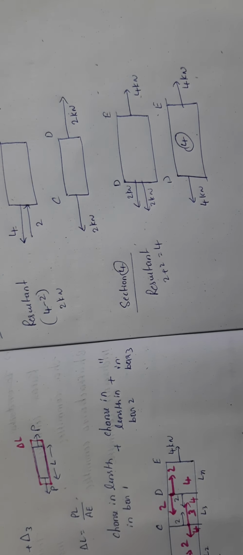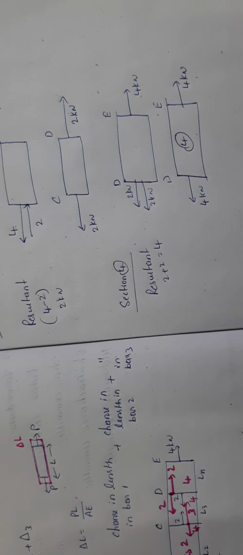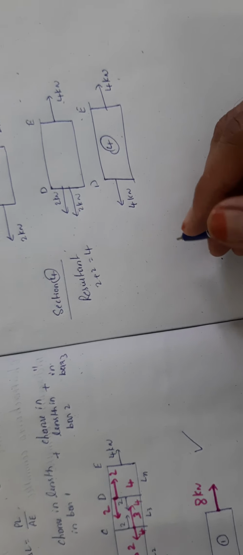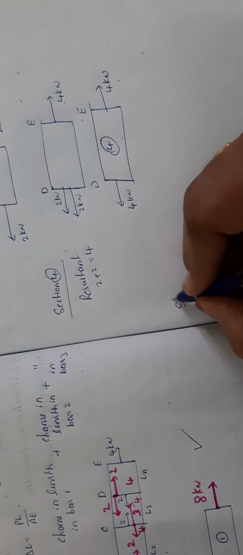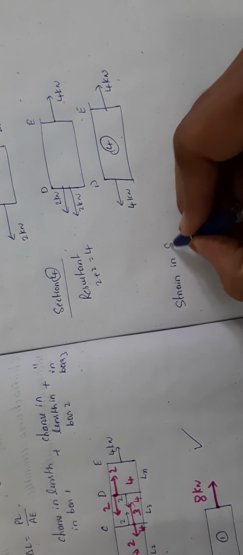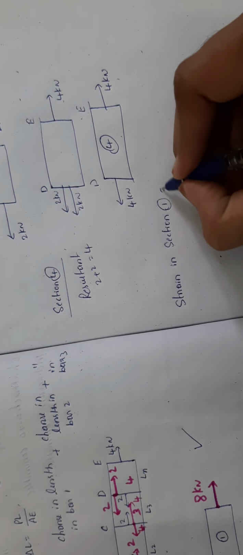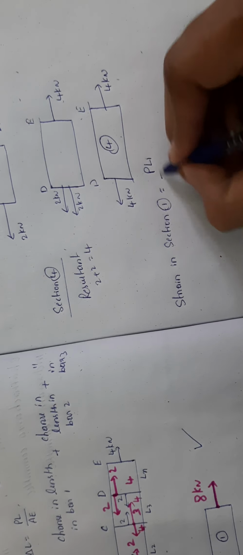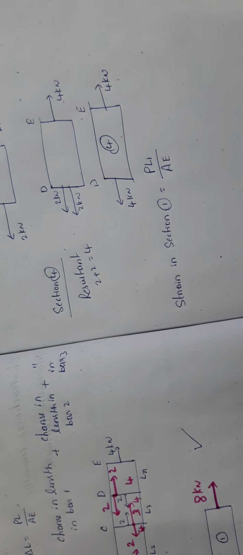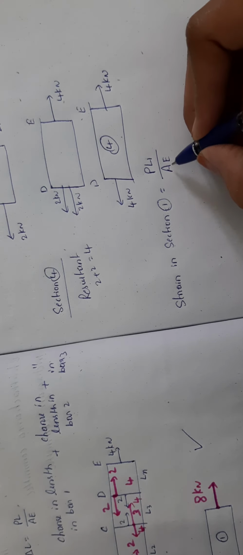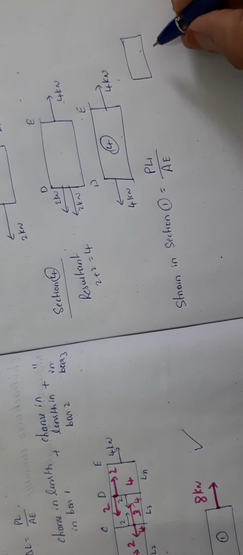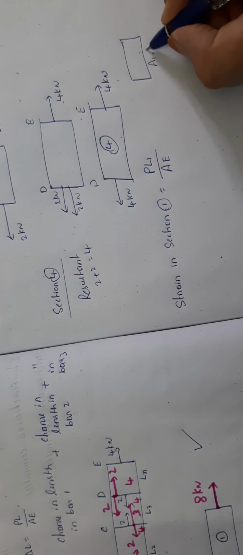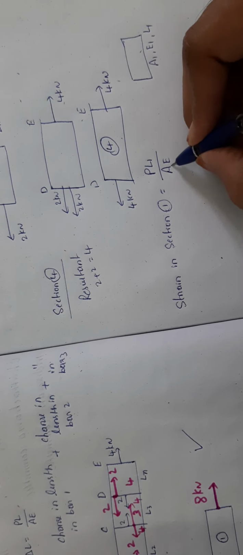Now after drawing the free body diagram, if you want to find out the total strain, let us calculate the individual change in length in section 1, equal to PL1 by AE. A is nothing but the cross section area of section 1. If the section 1 area is different, you can mention this is A1, E1, of length L1, so it will be PL1 by A1 E1.